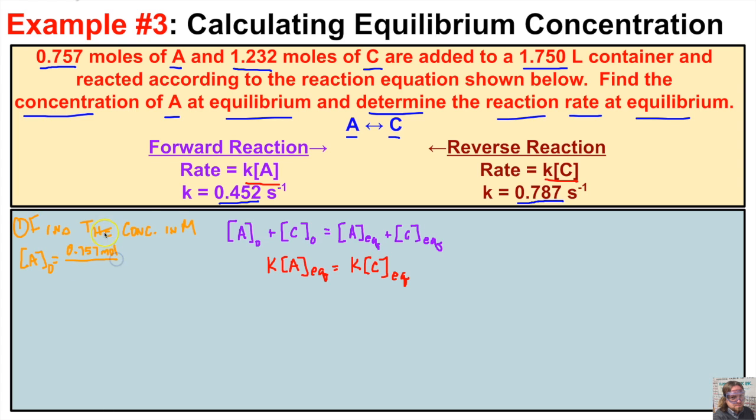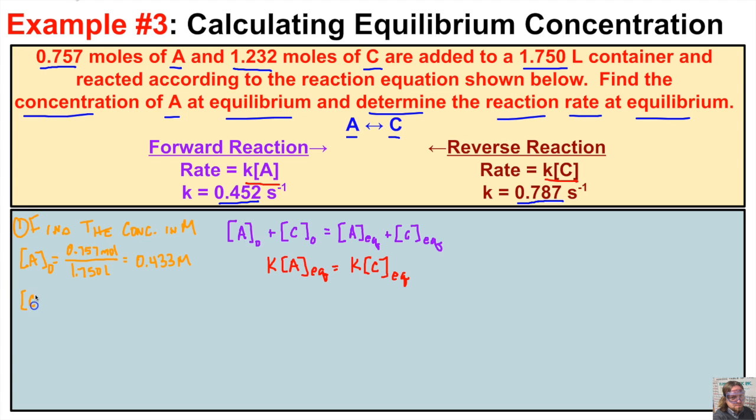And we're going to divide this by the volume of our container, which is 1.750. And when we put this in our calculator, we're going to end up with 0.433 as the initial concentration of A.